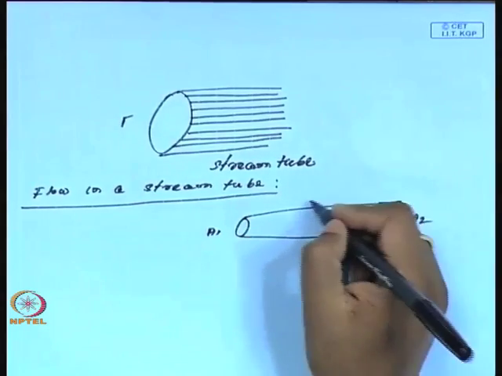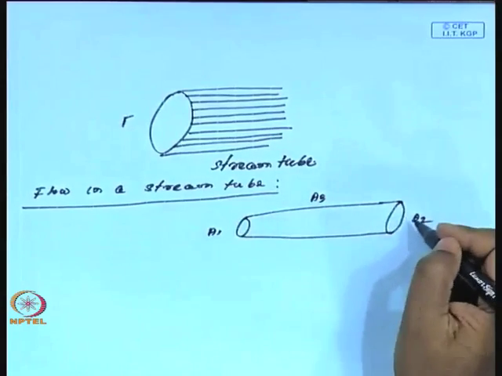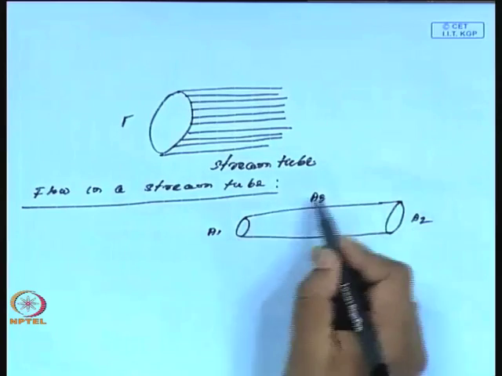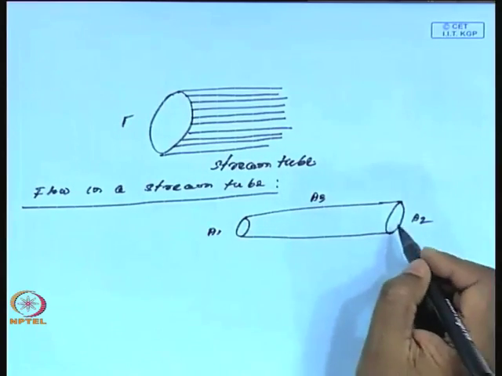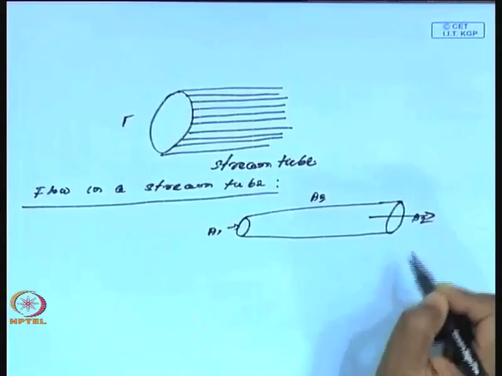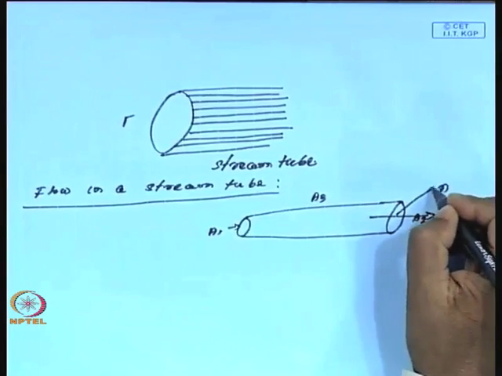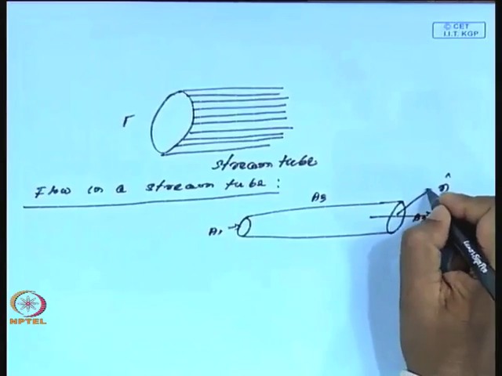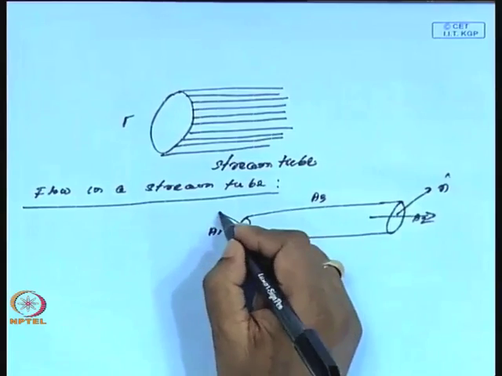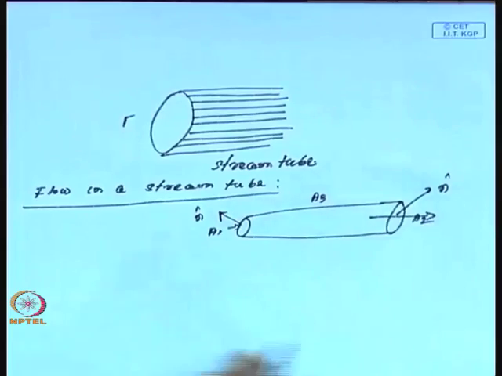Let A3 be the boundary of the tube, so there are three surfaces: A1, A2 and A3. Let us say that fluid is flowing in this direction and going out in this direction. Now, let n hat be the unit outer drawn normal at this point, and here also we have an outer drawn normal n hat.